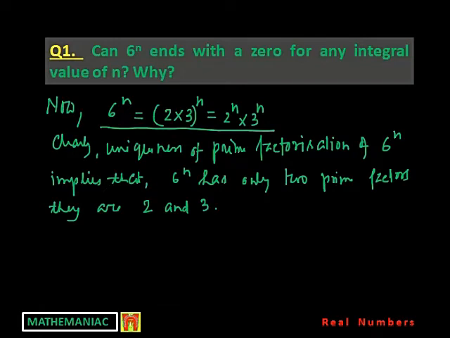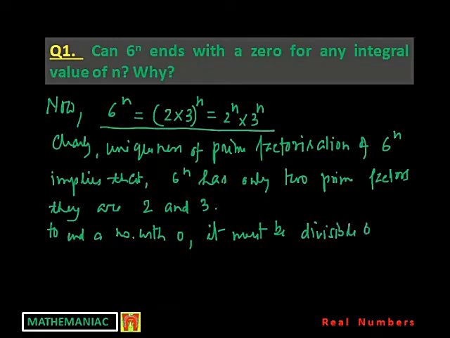So now next is what? A number ending with 0 must be divisible by 10.